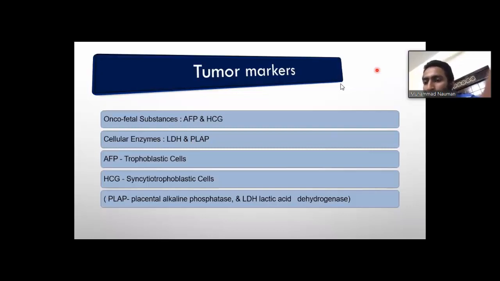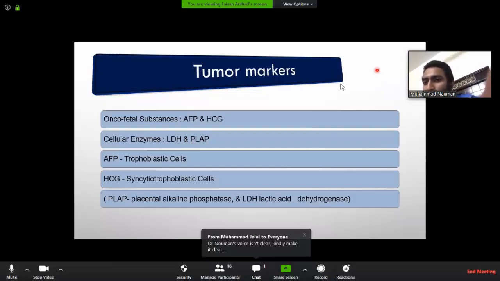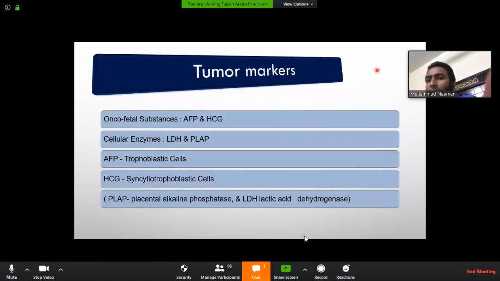So we can tell that if HCG is there, it is non-seminoma. The other marker is PLAP, placental alkaline phosphatase. This marker is done by a medical oncologist or urologist when they plan to give a particular or different chemotherapy treatment in seminoma or non-seminoma.